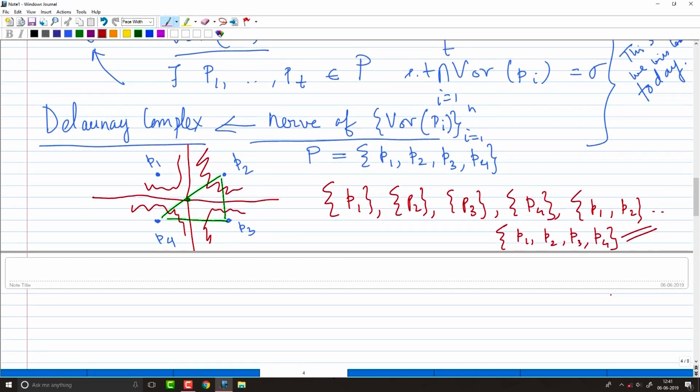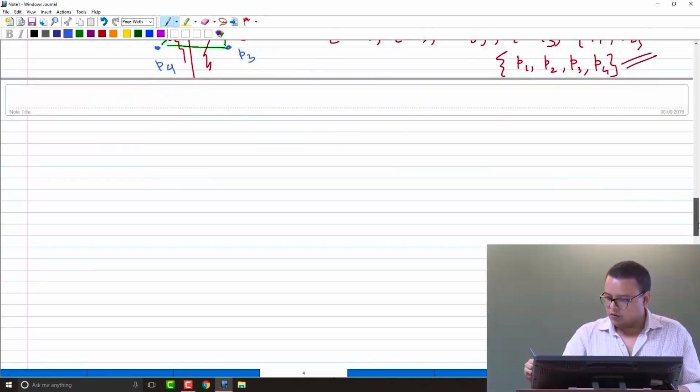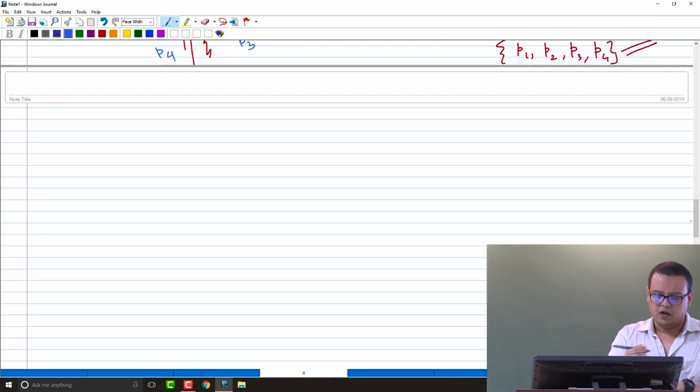They are affinely independent. We need something more to make the Delaunay complex embeddable with the same point set. We need another condition, which is called general position with respect to spheres, or in R2, with respect to circles.